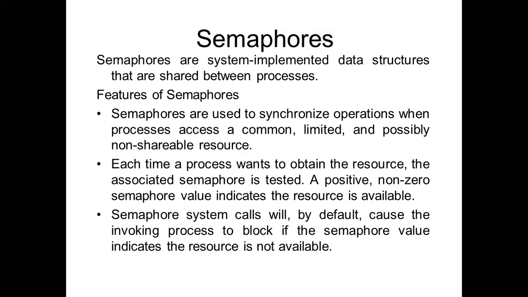Semaphores are resolving the problem in the critical section. Just remember this: it is an integer value, and that solves very complicated problems inside the critical section. It may also block the process if the semaphore value indicates the resource is not available. So if the resource is not available, it means block a particular process.